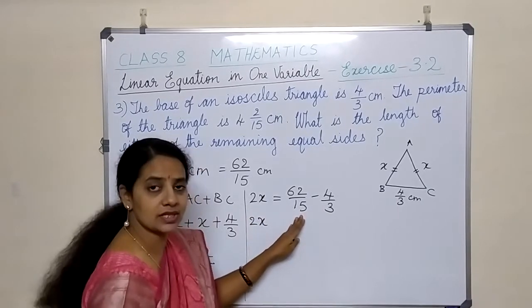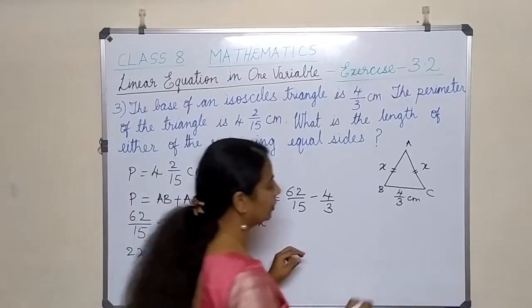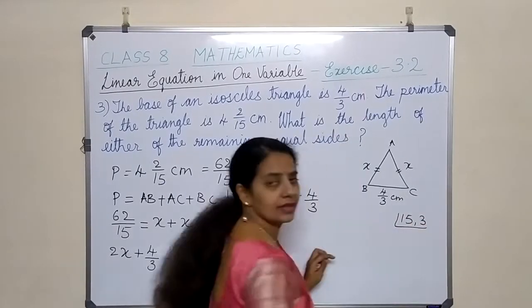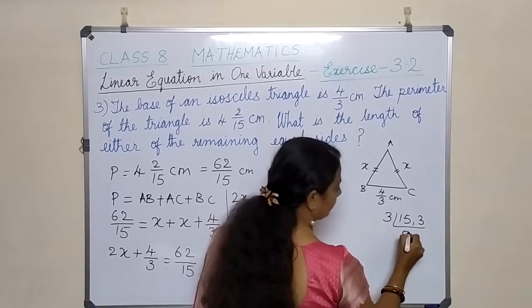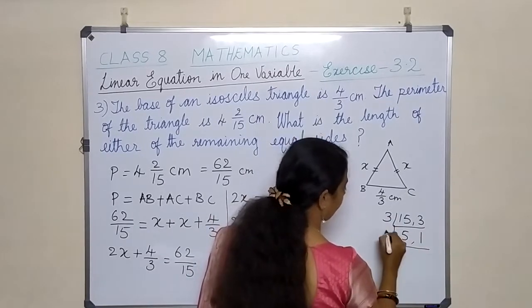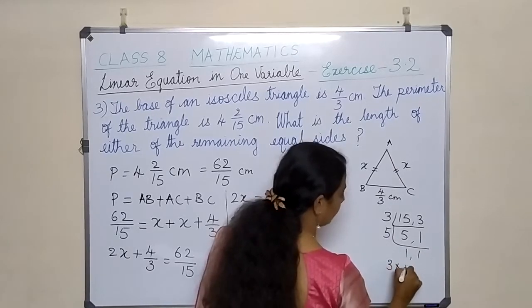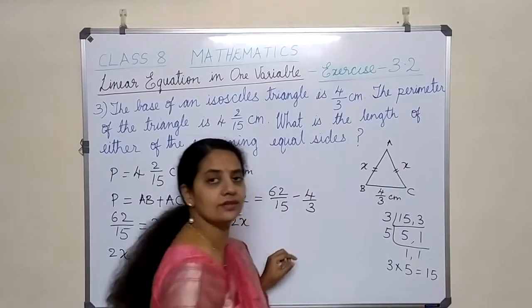Now we will find out the value of this. How do we do this? This has different denominators. So I told you we have to take the LCM of 15 and 3. The LCM of 15 and 3 is 15 itself.